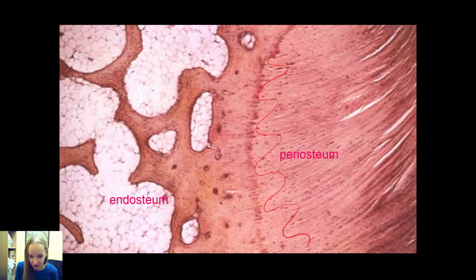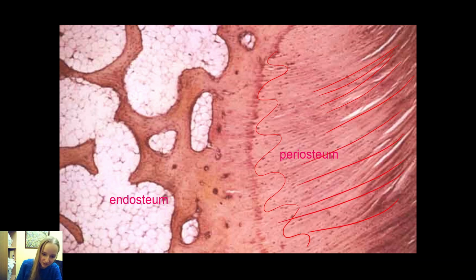You cannot see that very well, but I will show you periosteum once again. And if there is a muscle attachment, we also see these collagen fibers, which sink into the bone right here. They are attached here to the bone.